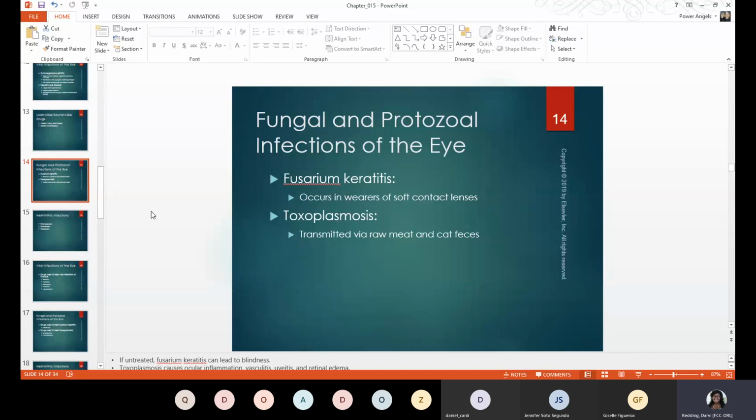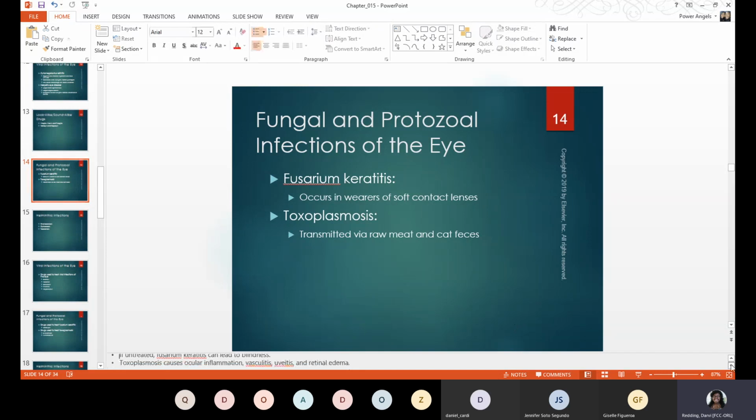And then you have toxoplasmosis, and this particular infection of the eye could be transmitted by people eating raw meat and cat feces. And if it's untreated, it could cause blindness.